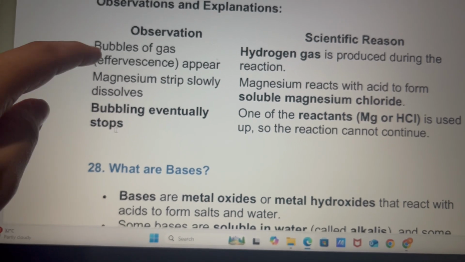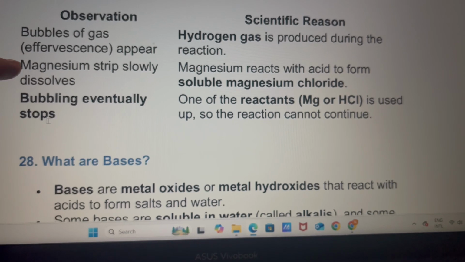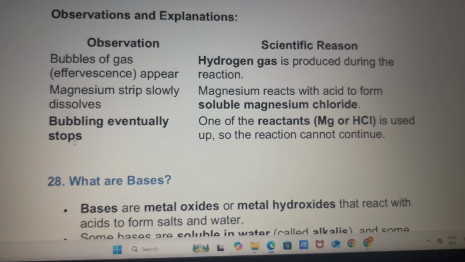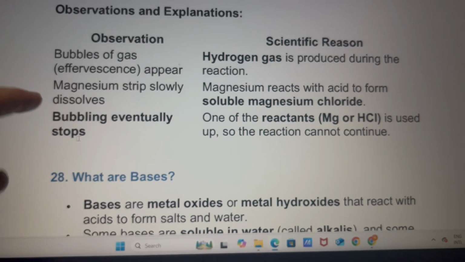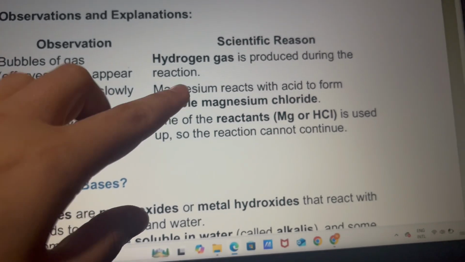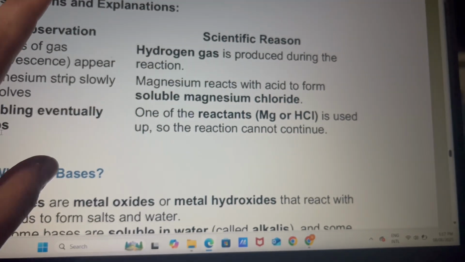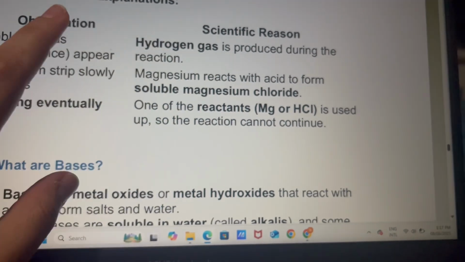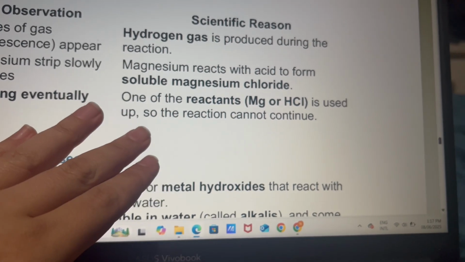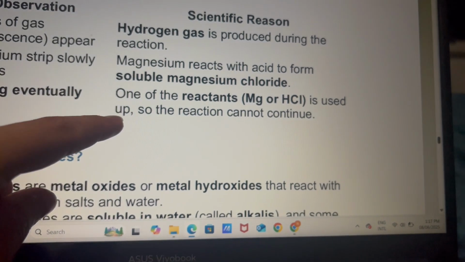So here it was reacting, producing a gas, which is hydrogen gas, and the magnesium was reacting with the hydrochloric acid, dissolving. But after a few seconds there is no more bubbling, because of what? First you saw the bubbling because hydrogen gas is produced and magnesium was reacting with the acid to form magnesium chloride, but it stopped eventually because all the reactants were used up.